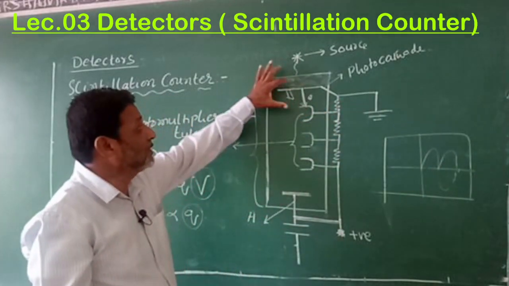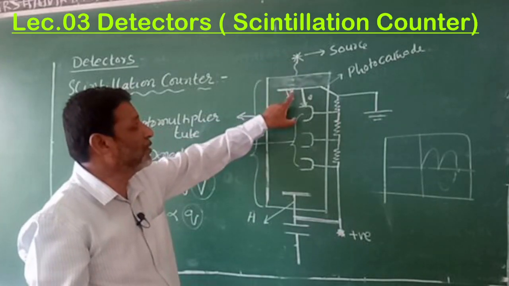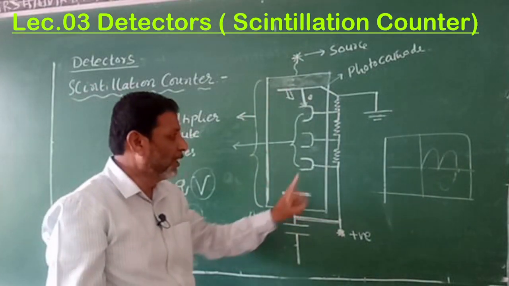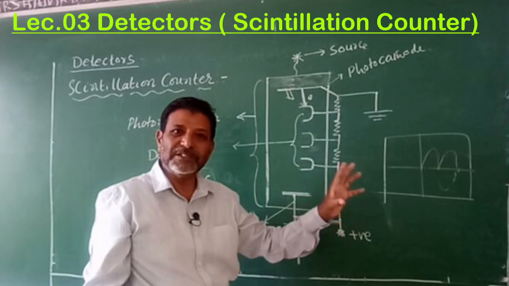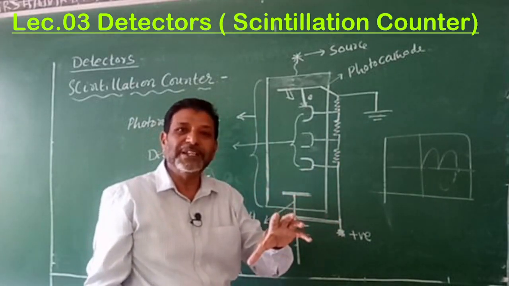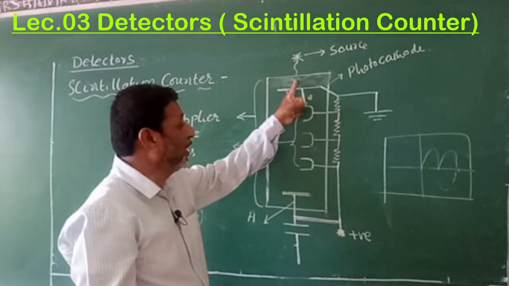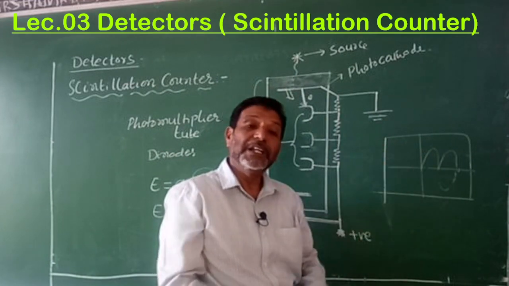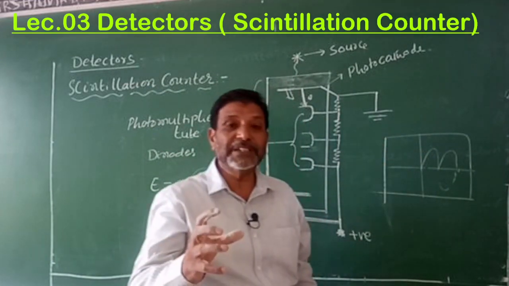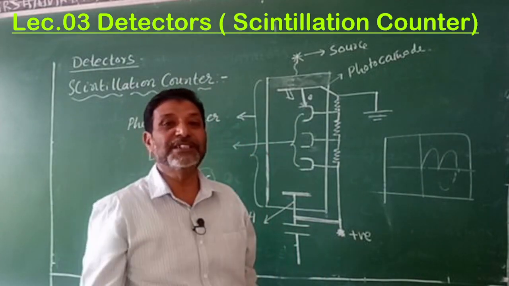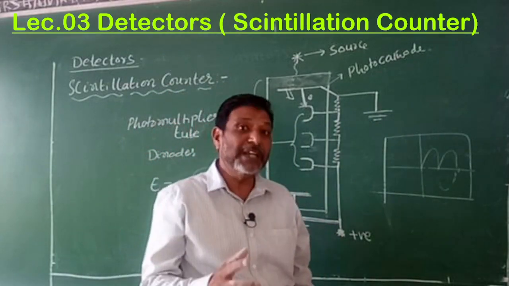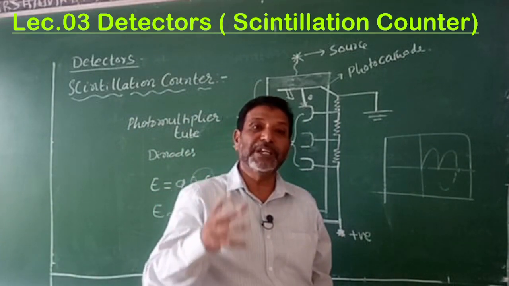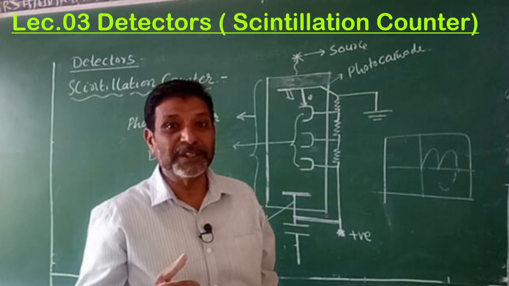If the energy of the incident particle is less, then fewer electrons are released from the photocathode, fewer electrons reach the anode, then pulse height is less, and energy is also less. Therefore, this shows that the energy of the incident particle is directly proportional to the pulse height, isn't it? That means if you know the pulse height, you can calculate the energy of the incident particle. Hence this counter is used for the measurement of the energy of the incident particle also, isn't it?